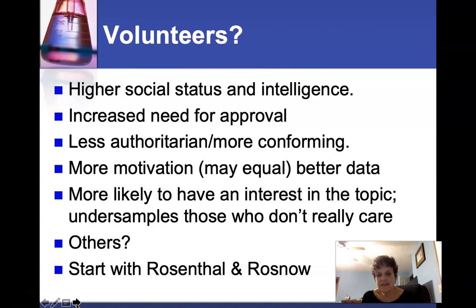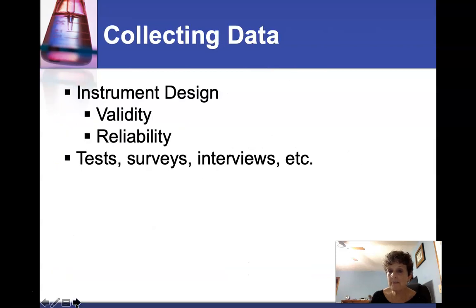Here's some more things about volunteers, and there's a reference right here to Rosenthal and Rosnow, and that's a study that you can read to learn more about using volunteers. You may get better data because volunteers did volunteer, but it's kind of a tricky thing to think about. So then we start thinking about, how are we going to collect the data that we need?